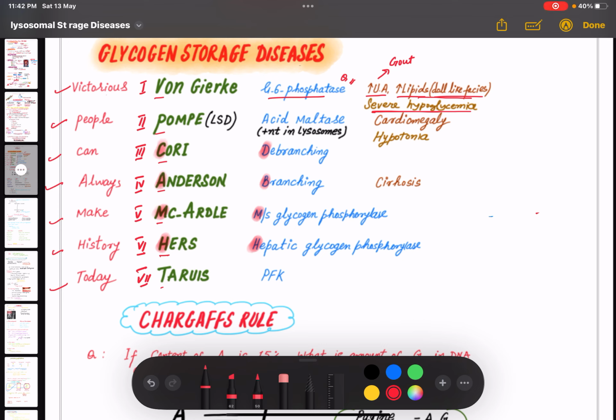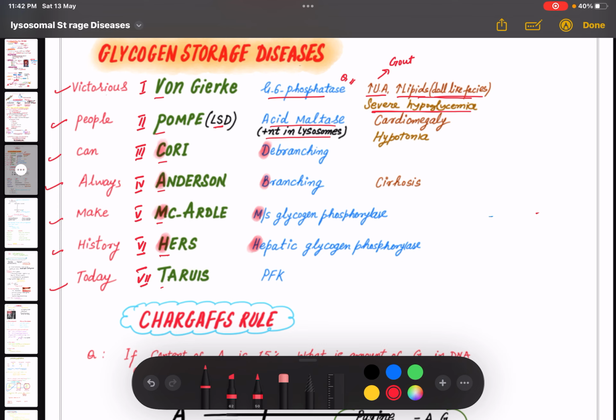In Pompe's, you will have the deficiency of acid maltase. Actually, this enzyme is present in lysosomes, so if this enzyme is absent, we will get Pompe's disease. That's why Pompe's disease is known as a lysosomal storage disease, due to acid maltase deficiency.